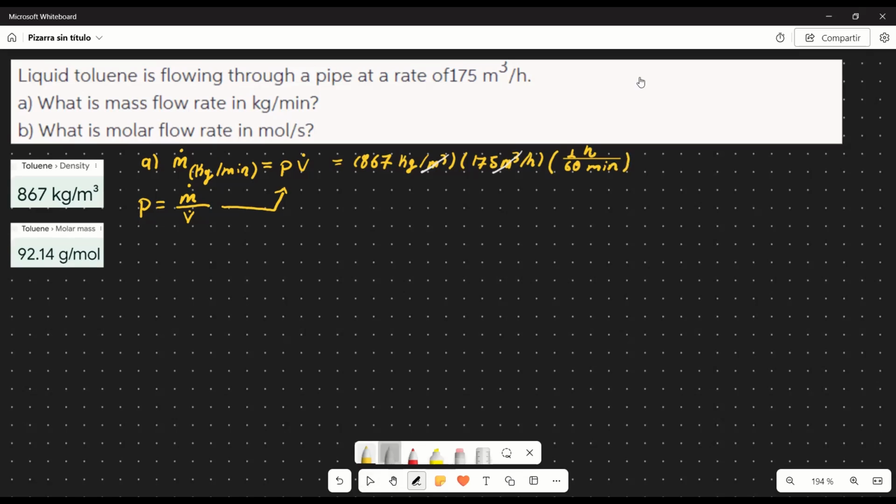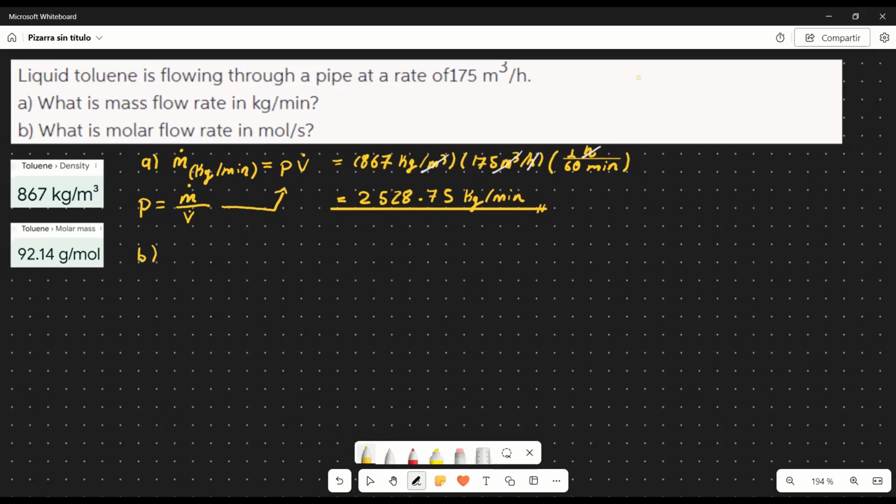That way we eliminate hours and are left with a product in kilograms per minute, whose magnitude is 2,528.75 kilograms per minute. That's how we have the answer to part A.